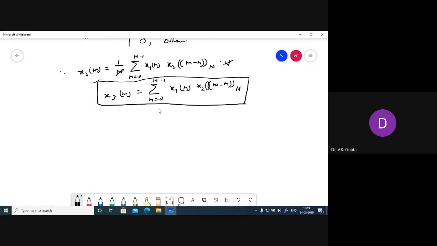Multiplication of two DFTs is equivalent to circular convolution of the sequences in the time domain.